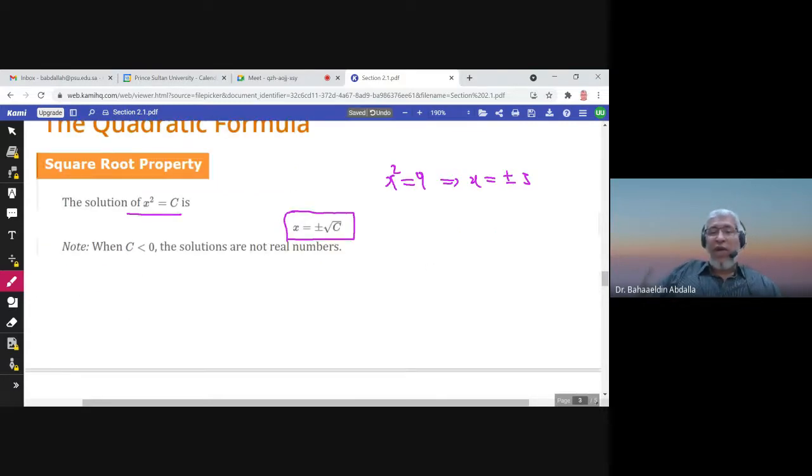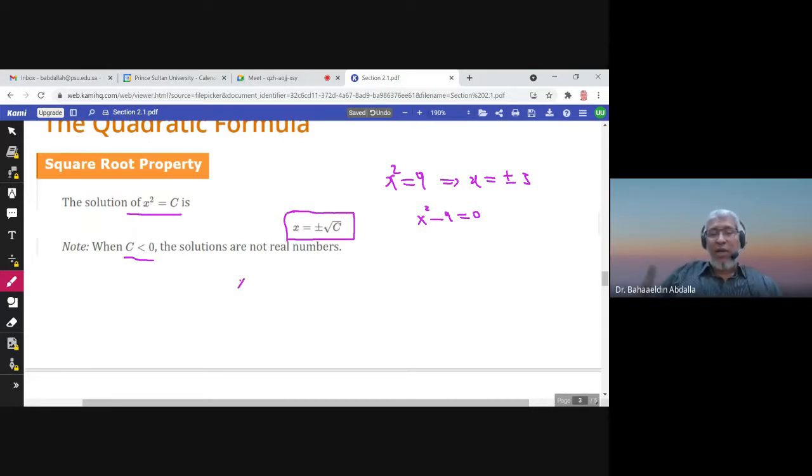So if we have an equation like x squared minus 9 equals 0, we can solve it using the square root property, taking 9 immediately to the other side. Although we can also solve it as x minus 3 times x plus 3 equals 0, and then use the zero product property. Notice that if c is negative, the solutions are not real numbers, and here we are interested only in real number solutions.